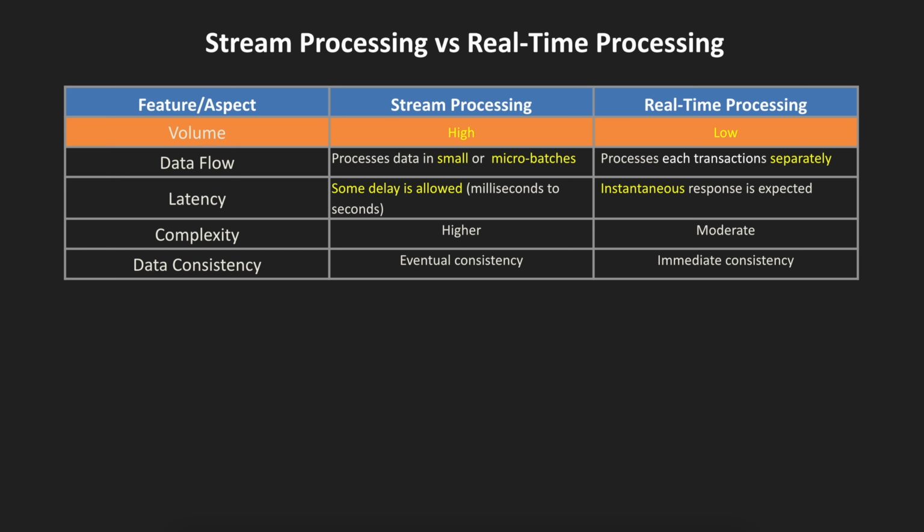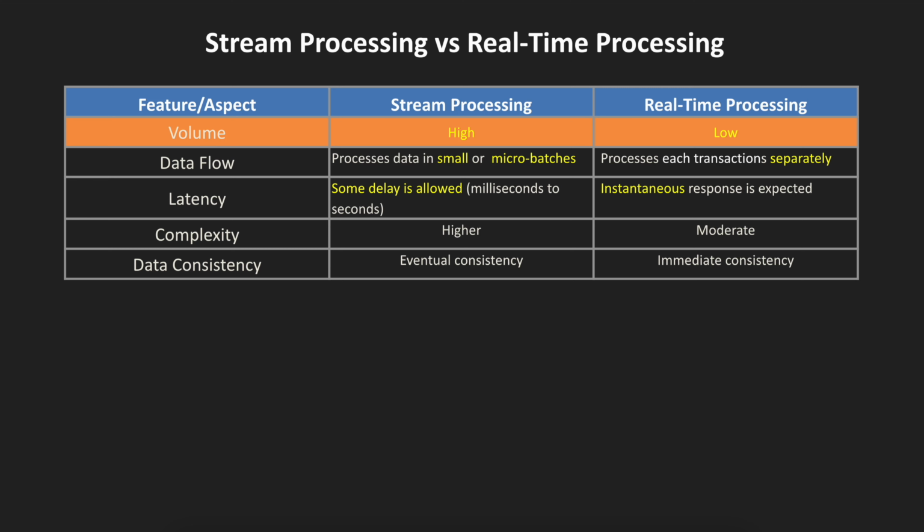For stream processing, we are receiving a high amount of requests, a high amount of data. So our QPS starts from 50K, 100K, and so on. For real-time processing, the QPS is comparatively low.